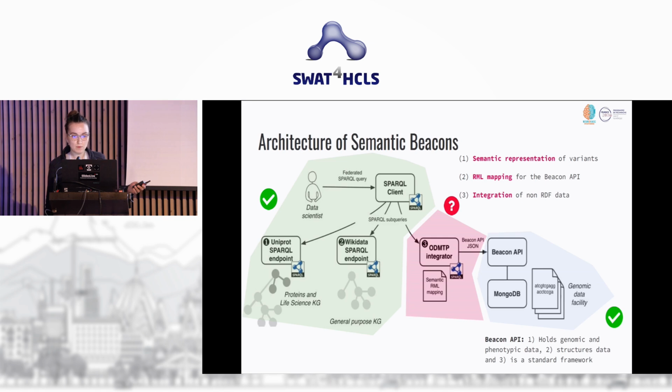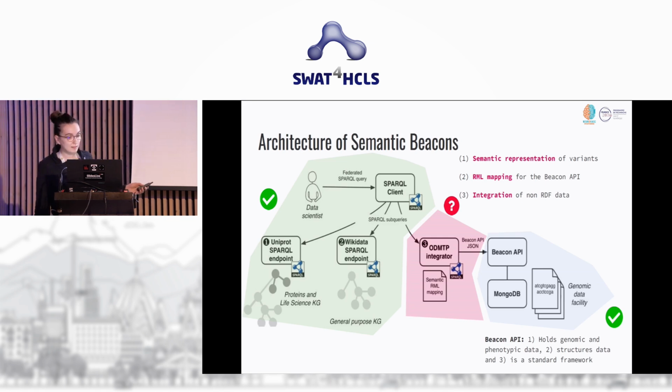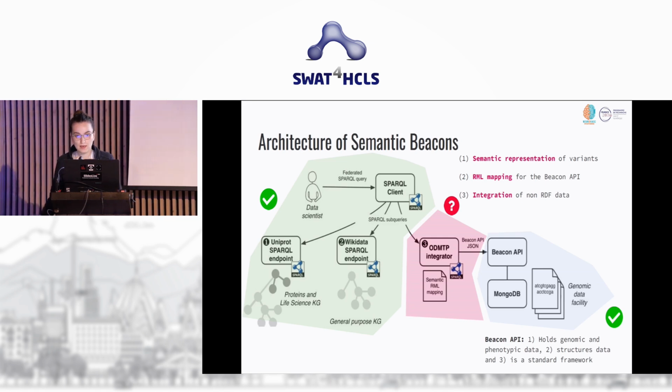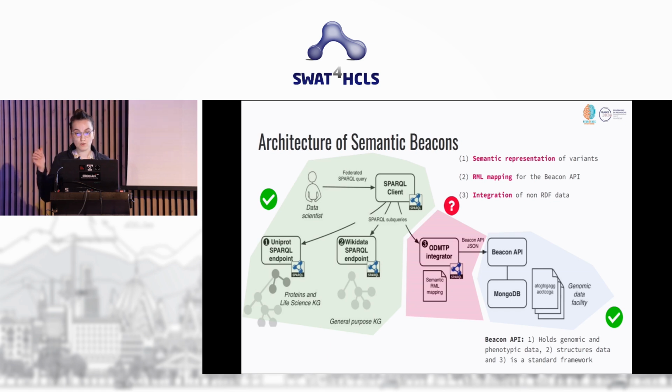So we were really happy about that. So we had to find a plugin between the two. To achieve that, we first wrote a semantic representation of the variants, then did an RML mapping for the Beacon API, and did the actual integration of the non-RDF data found inside the Beacon API.